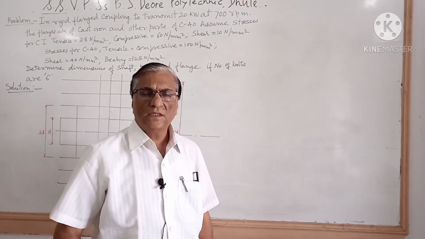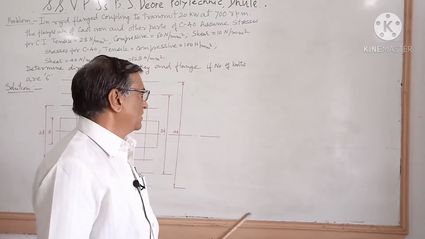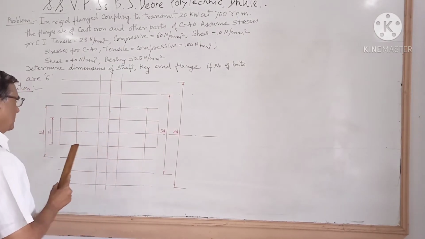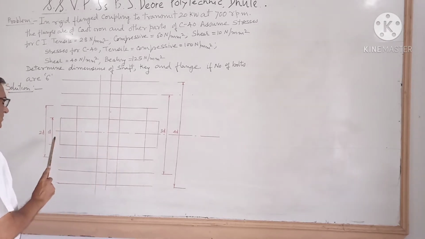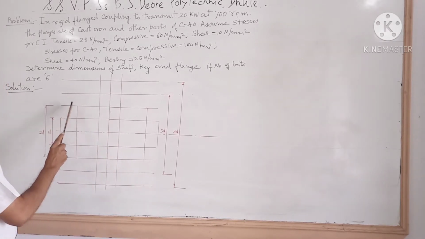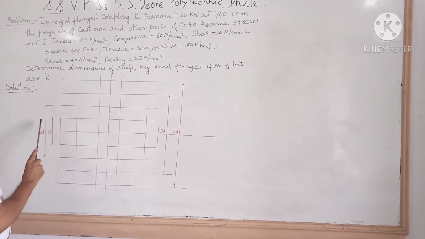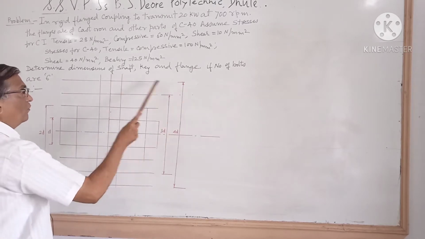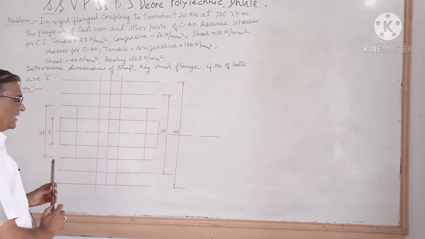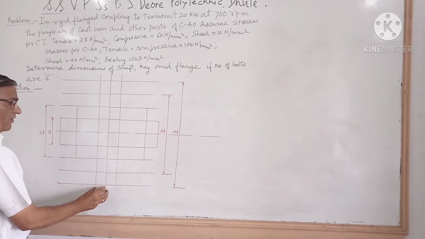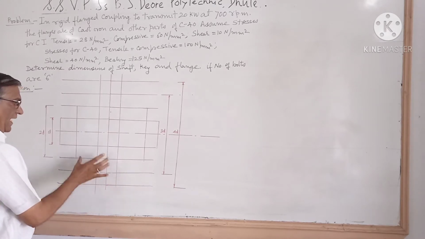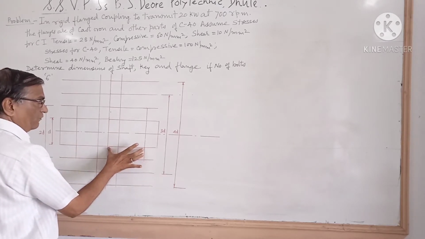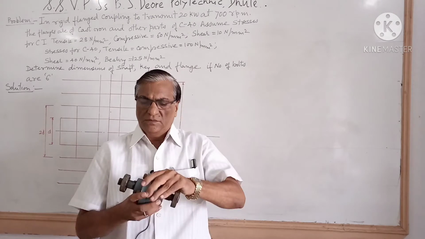In order to draw the figure of flange coupling, we will draw this type of structure. About the center line, we will draw parallel lines at distances D, then 2D, then 3D and 4D, and vertical lines at distances 0.5D, 0.5D, and 1.5D, and another 1.5D.